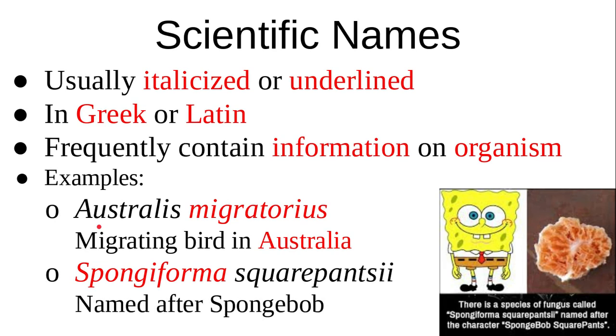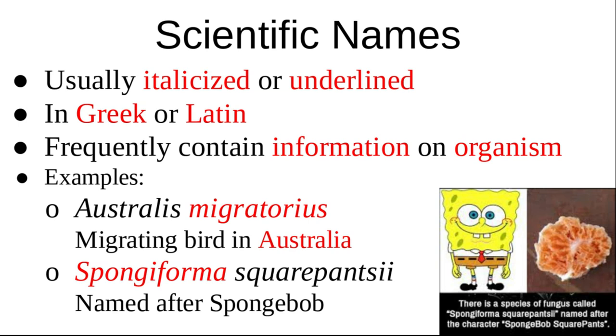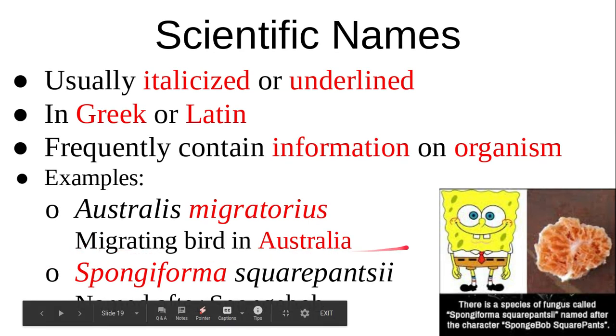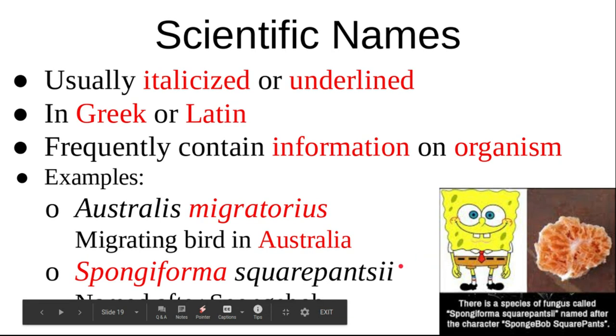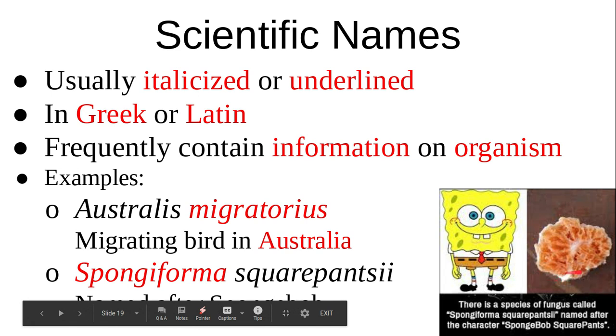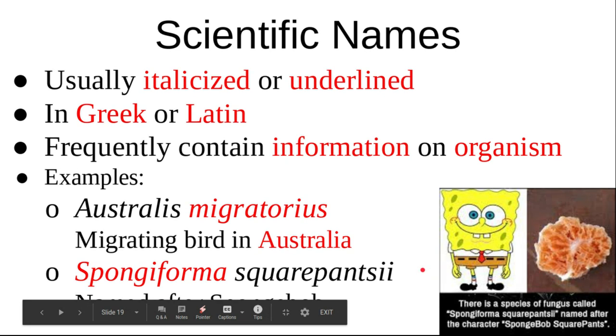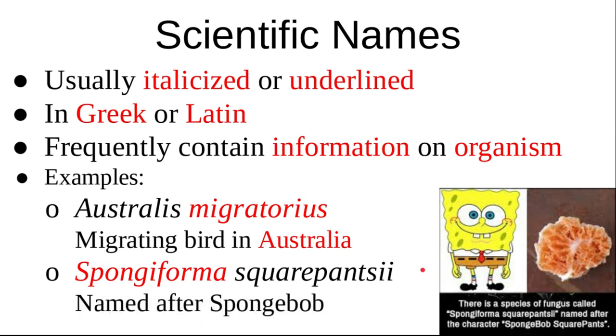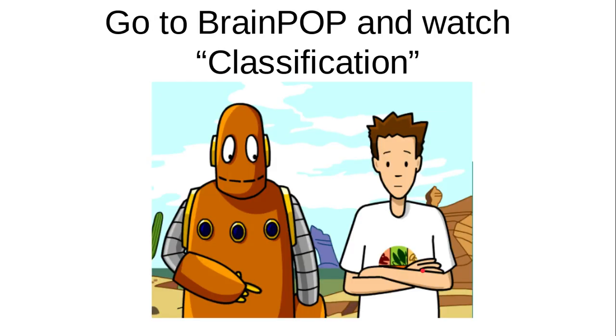They make up super creative names. They're actually not. They're really literal. Okay. There's also this fungus here that was named Spongiforma squarepantsi, named after SpongeBob SquarePants. Can you see the resemblance? Okay. So this often tells us something about the organism that we're looking at.